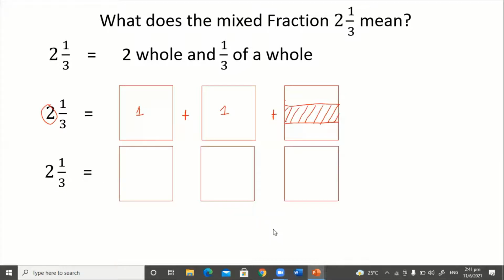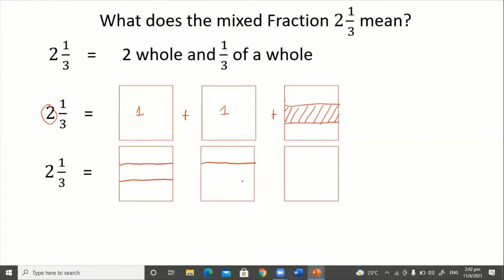Now, one whole, right? We could divide each whole into 3 parts too, you know. So we could divide this one whole here. Let's divide it into 3 parts as well. So we know that this is 1 part, this is 2, and the last part would be 3. Assume that I divide it into 3 equal parts, because you know I'm drawing freehand.